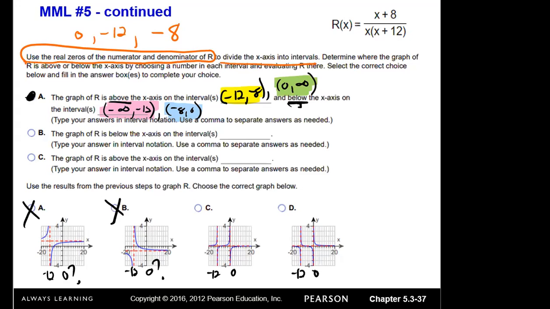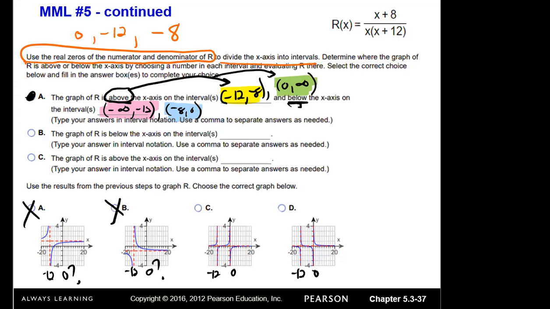And they look identical except for the way the graph is going. So remember, the above is between -12 and -infinity and 0 and infinity. It has to be above the graph.